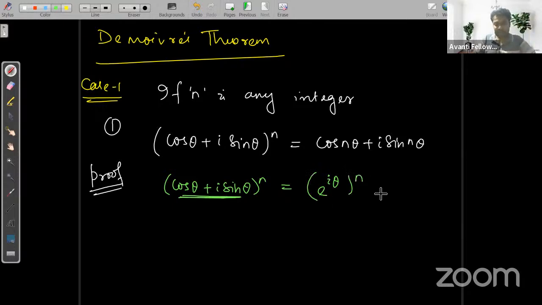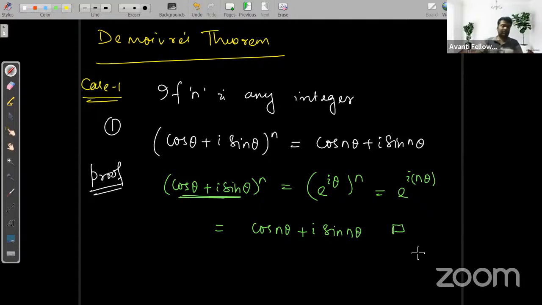Can we write this as e^(i nθ)? Yes, we can. So by using Euler's identity, we can express e^(i nθ) as cos nθ + i sin nθ. Is there any doubt? No. So now it is proved. So first case is proved.